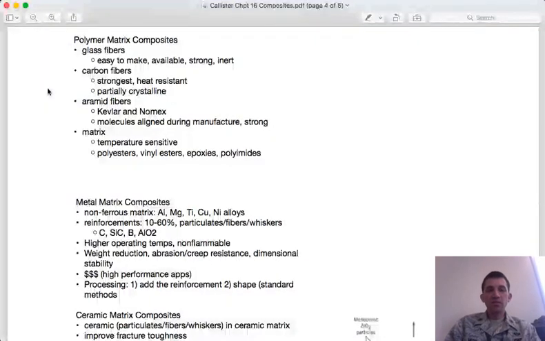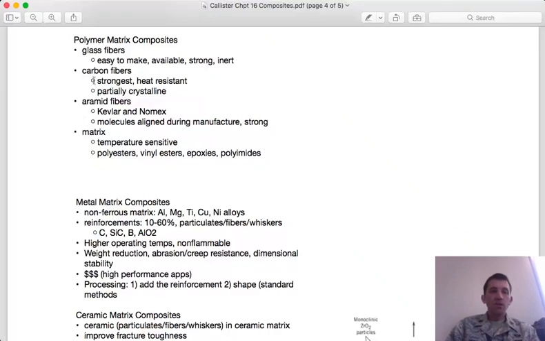You can have glass fibers. This is like fiberglass composites. These are prevalent in marine applications. They're relatively cheap to make, and so they are more common in recreational and industrial use.